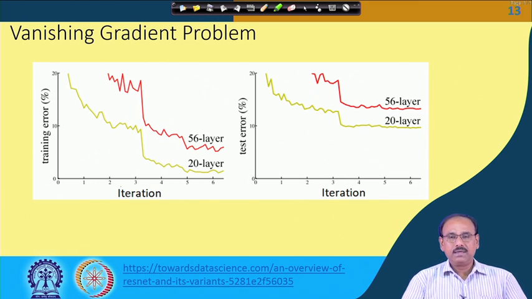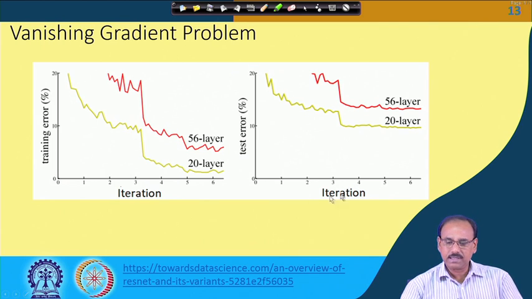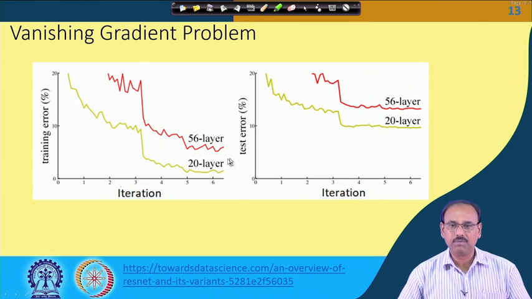For example, as we have shown in these two images, the test error and the training error may in fact increase as you increase the number of layers in your deep neural network.